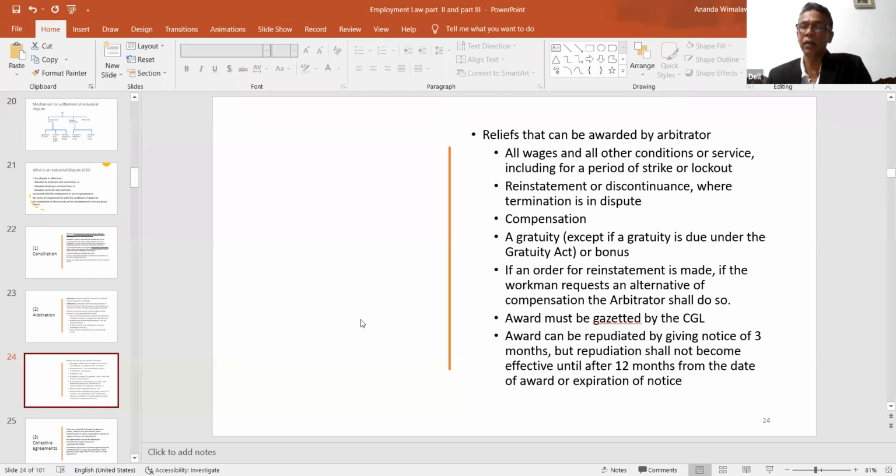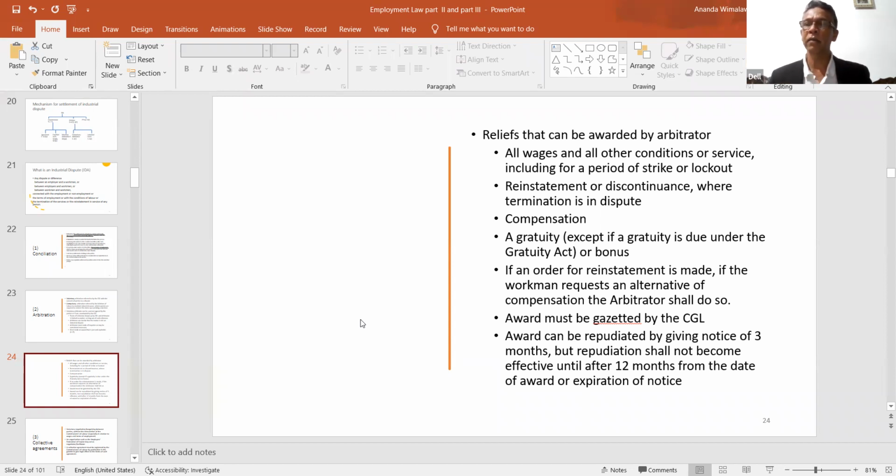It means, for example, there is a strike dragging on. The Labor Department tries to settle it through conciliation, but conciliation fails. Then the Labor Commissioner asks the parties to refer the matter to an arbitrator. If either party does not consent, the minister can compulsorily refer the matter, whether they consent or not.